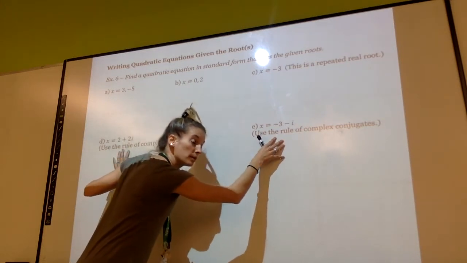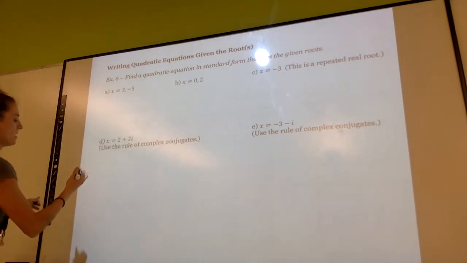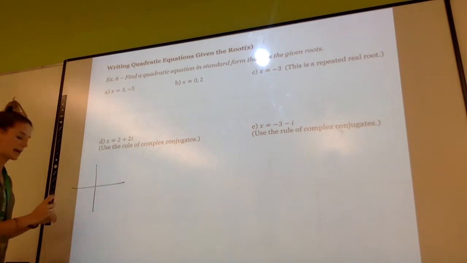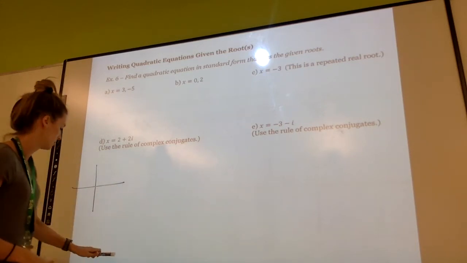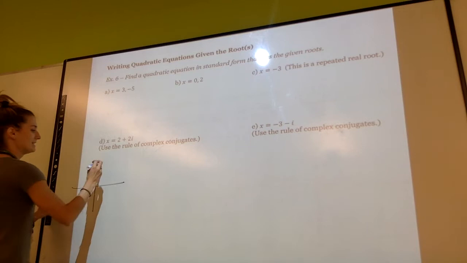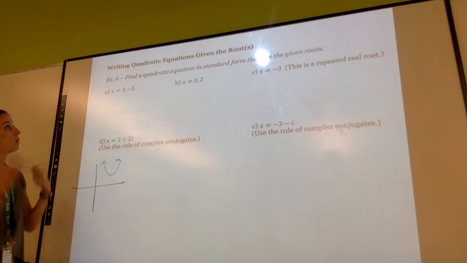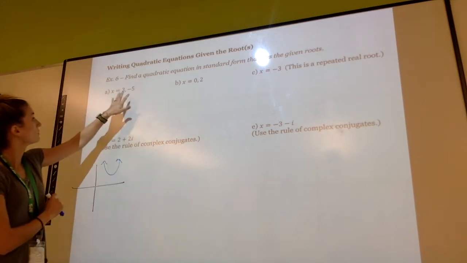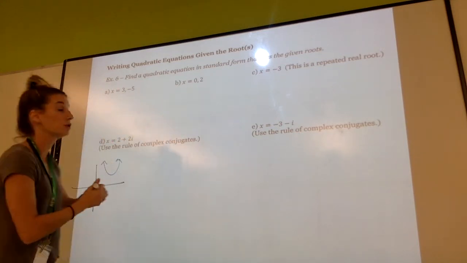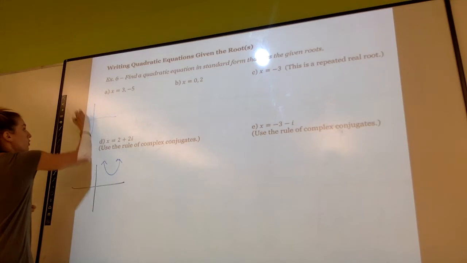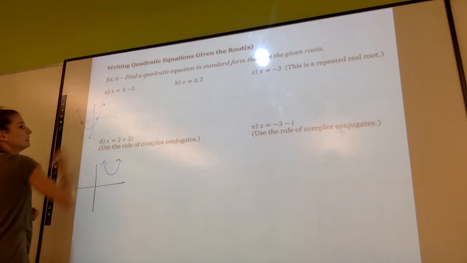And what you might remember, hopefully, is that when a quadratic has imaginary roots or imaginary solutions, it doesn't actually touch the x-axis, right? But when a quadratic has real solutions, for example, 3, -5, and 0, 2, it should be crossing at 2 points.